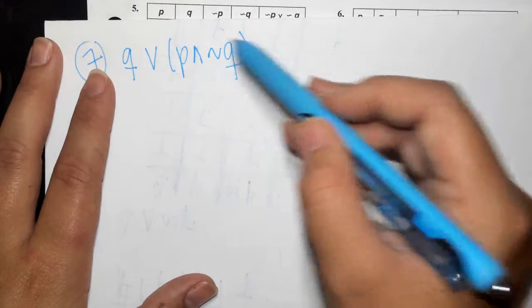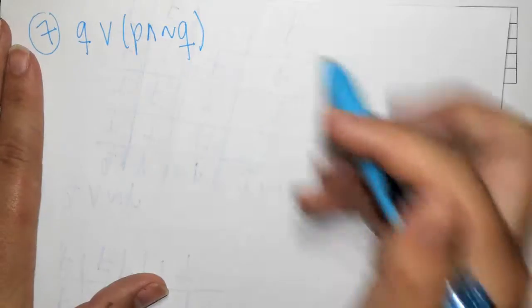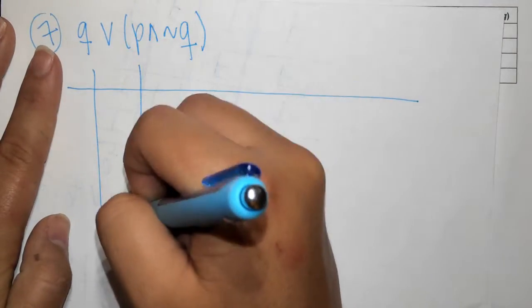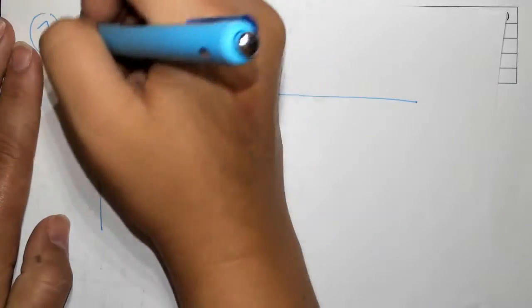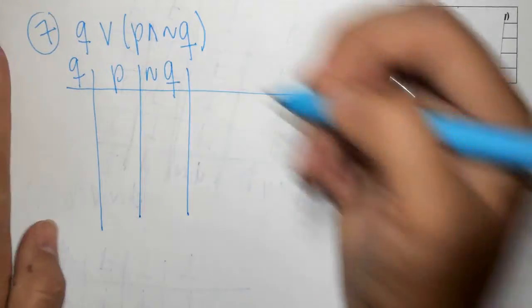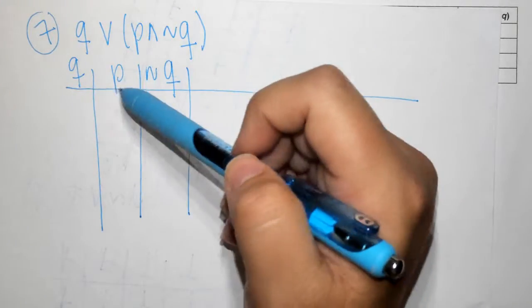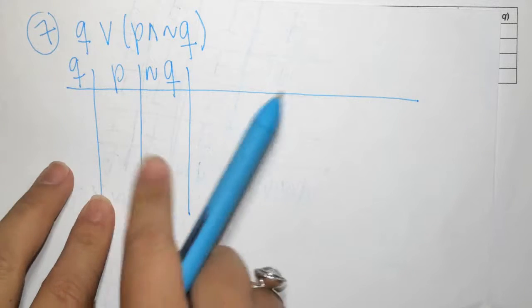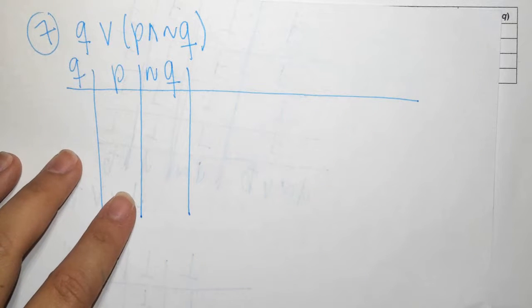So we have 1, 2, 3 statements. Let's write those. I have Q, I have P, and I have not Q. I would always advise you to put Q and P first because these two are the columns that matter the most. From there, you're just filling it out.